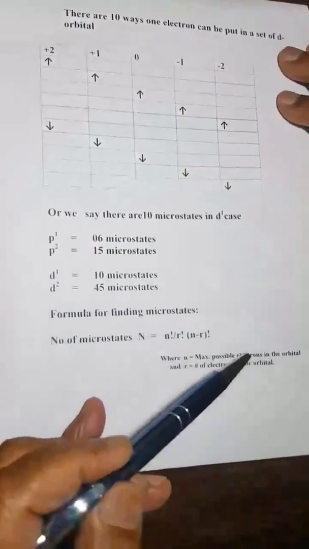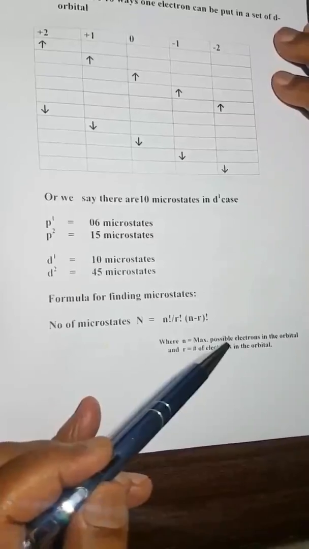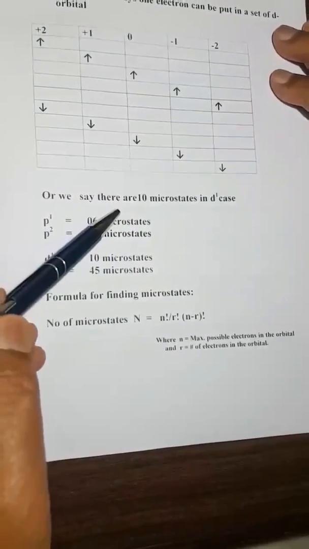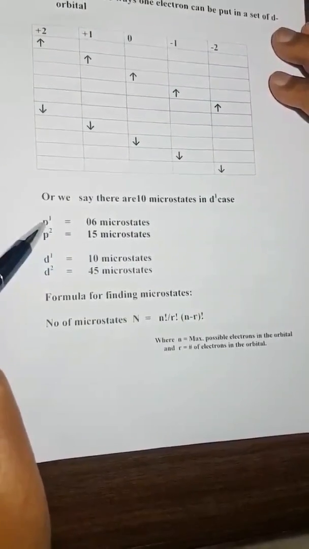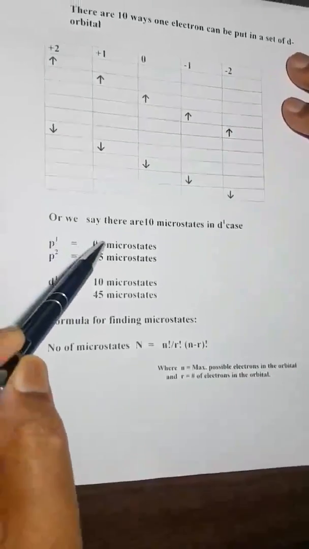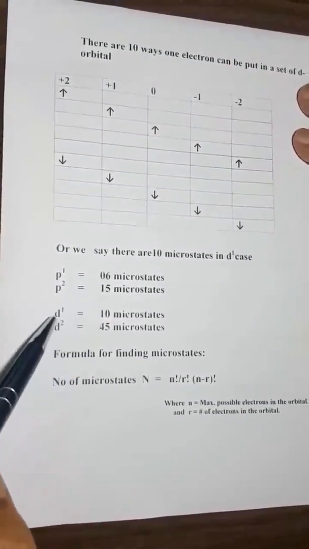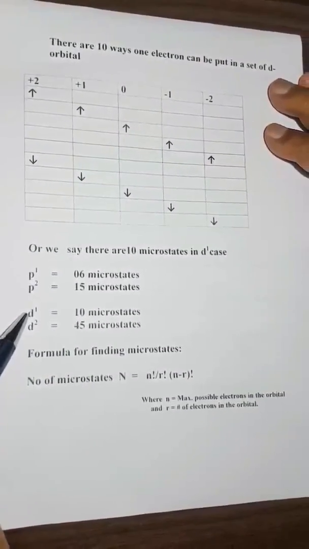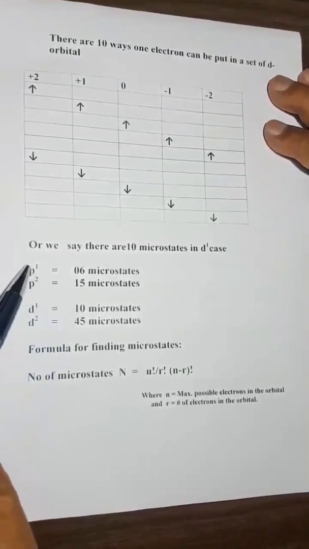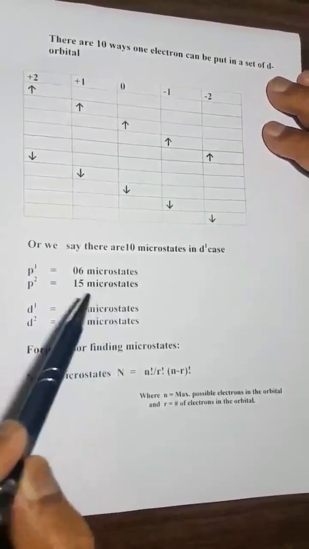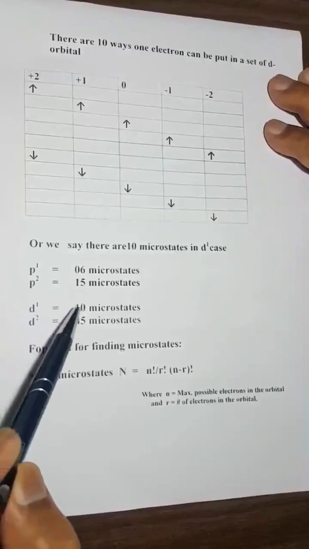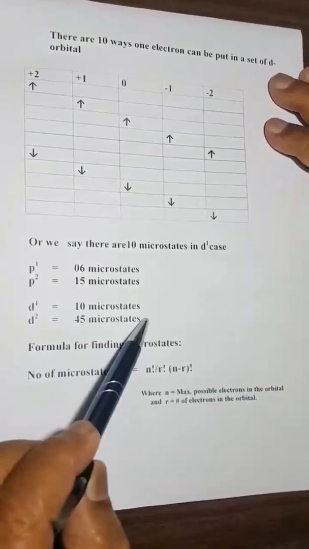Here I'm going to just brief it. We can say that p1 has 6 ways and d1 has 10 ways, or p1 has 6 microstates and d1 has 10 microstates.